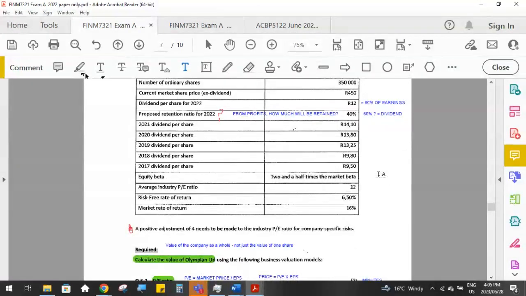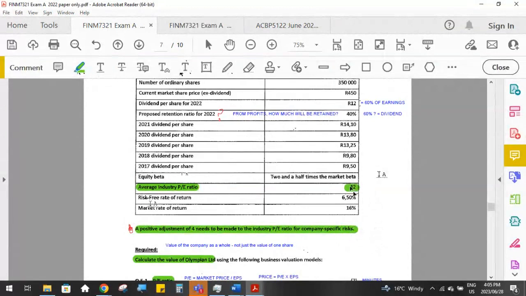Okay. What else did we need there? All right, I think that's all that we needed from this information. Oh yes, we need one more thing over here, and that's the average industry PE ratio is 12, and they told us here a positive adjustment of 4 needs to be made to the industry average for this company's specific risks.